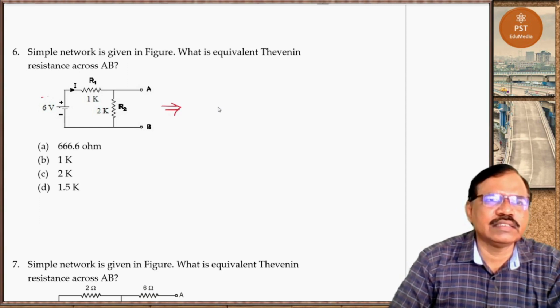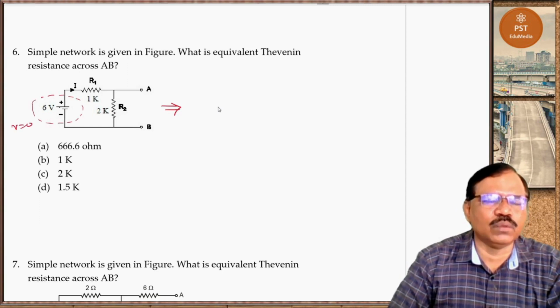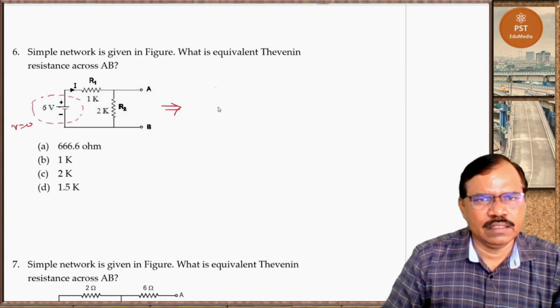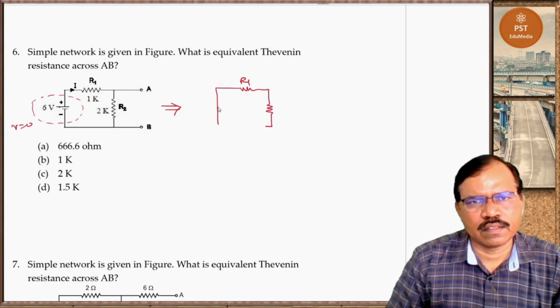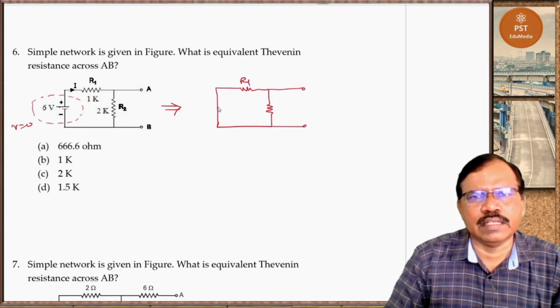Internal resistance is not given here, so we have to take R equal to 0, which means we have to short the battery. So what happens here? The circuit becomes like this. So we have shorted the battery and these are the two terminals AB.